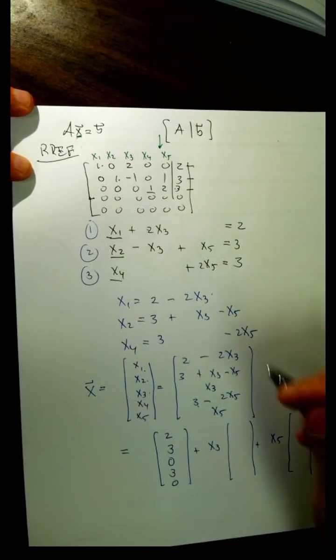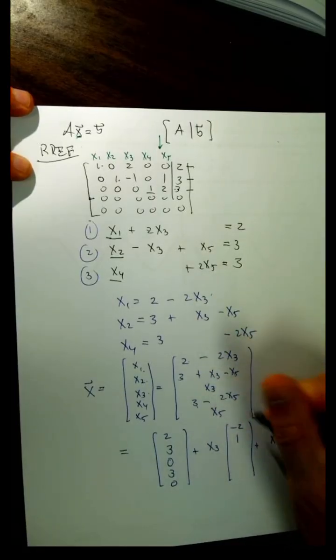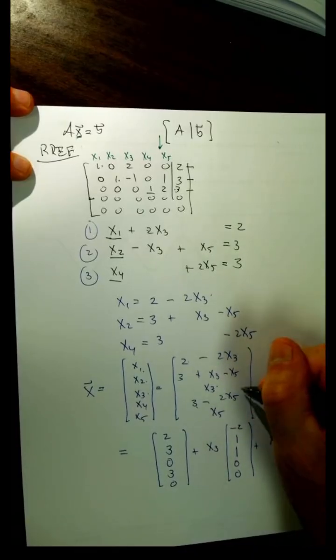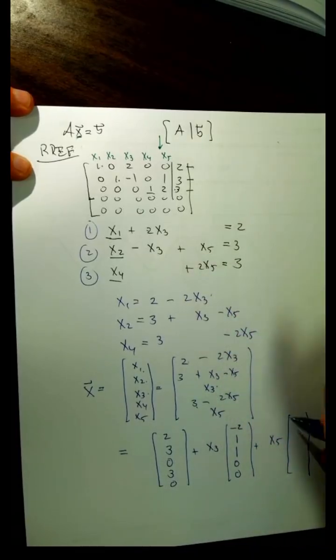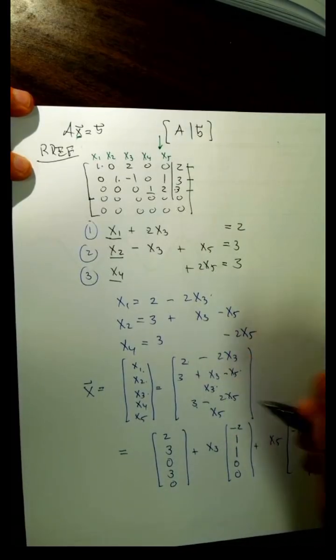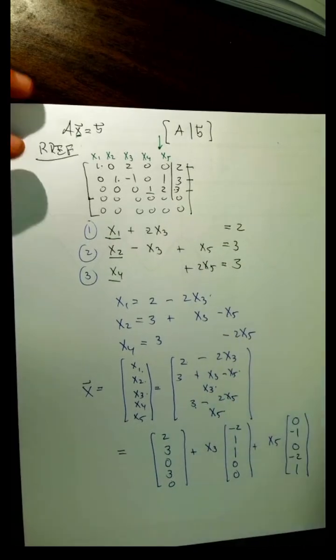And the coefficients on x3 are going to be minus 2, 1, 1, 0, 0. There's no x3s here. Now for x5. There's no x5s there. There's a minus 1 x5. There's no x5 there. There's a minus 2, and there's 1 x5 there.